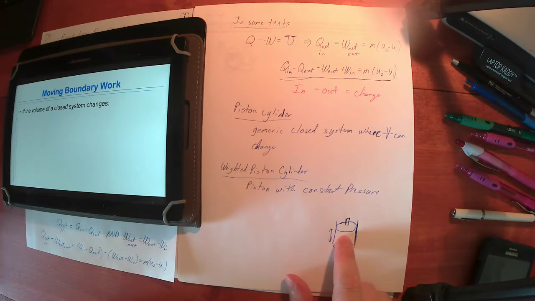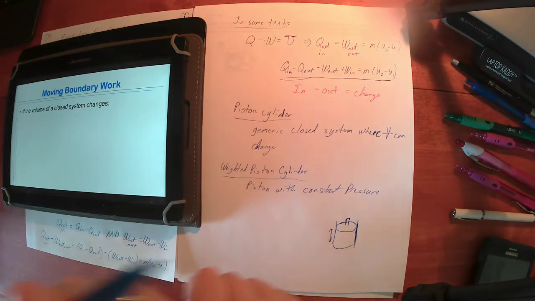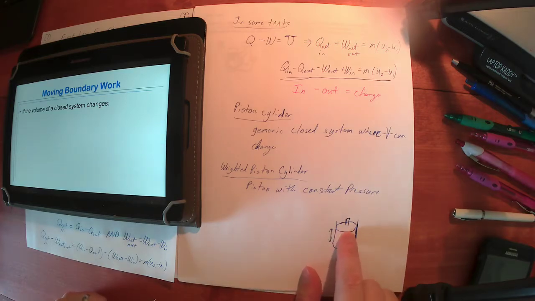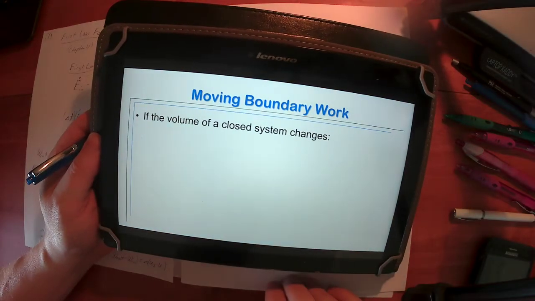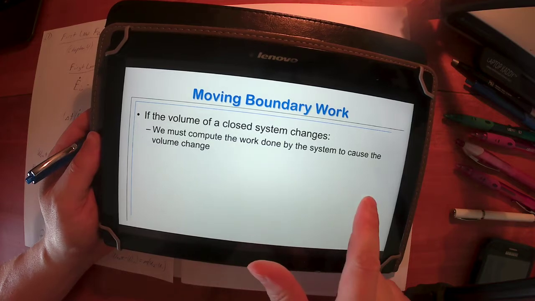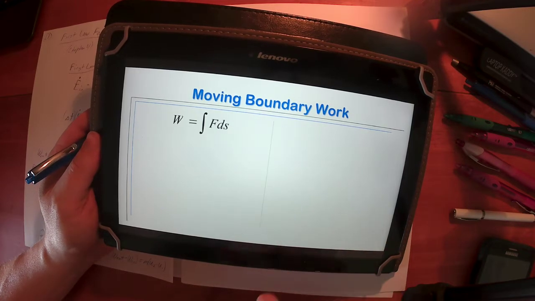If I've got a gas, I can compress that gas, or I can pull it out and expand the gas. By adding or removing energy, I can cause this to expand or contract. If the volume of a system changes, then we must compute the work done by the system to cause the volume change, or the work done to the system to cause the volume change. Either one or the other.